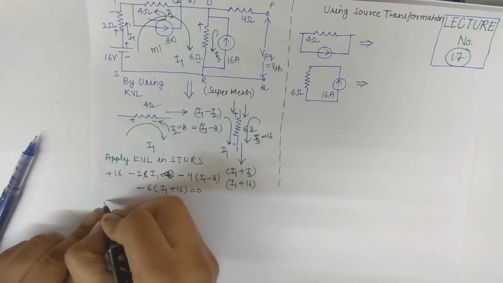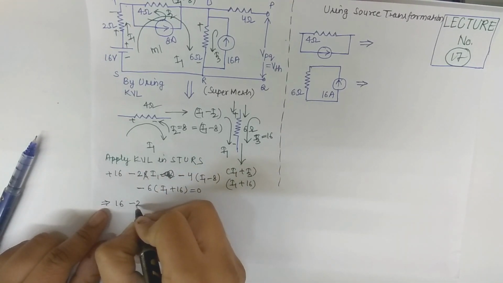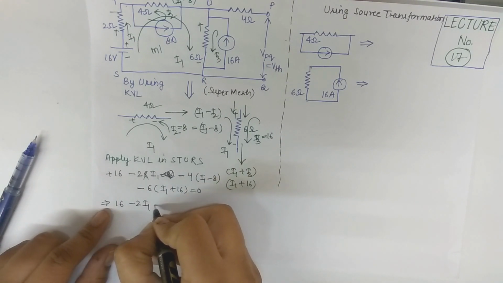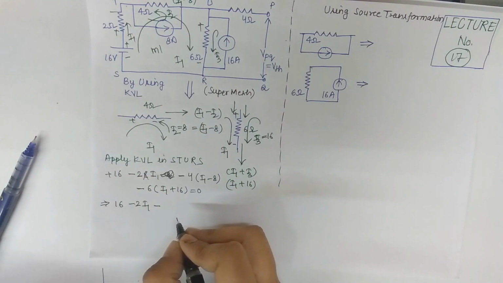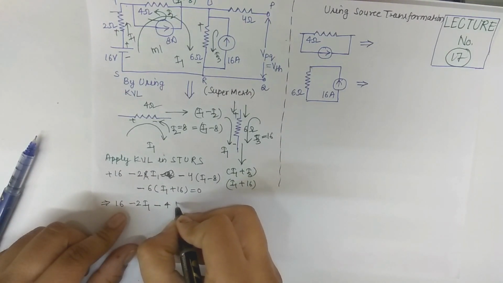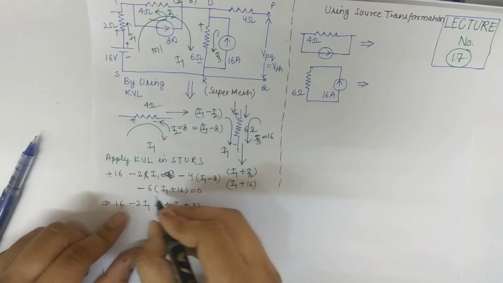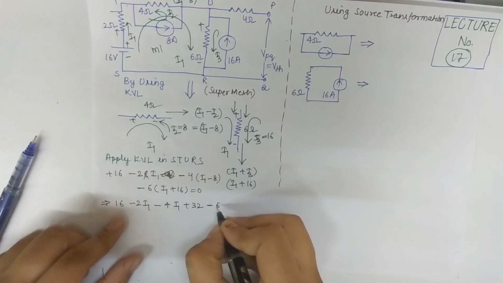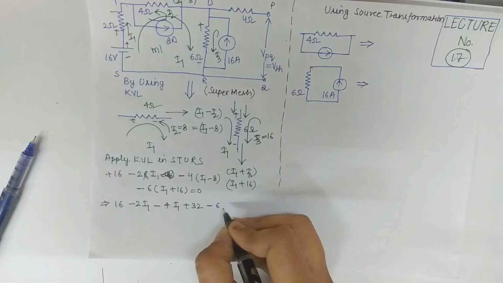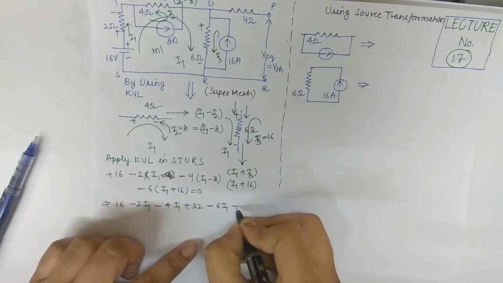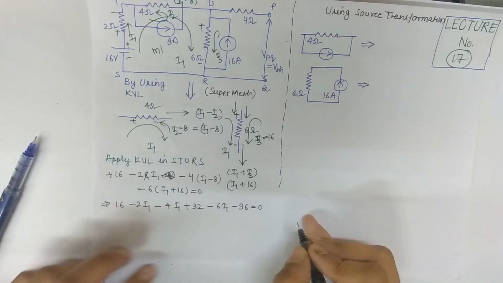So solve this. 16 minus 2 I1 minus 4 I1 plus 32 minus 6 I1 minus 96 is equal to 0.